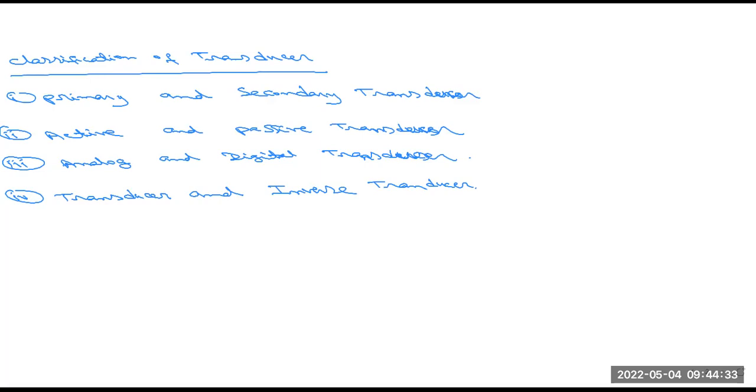Okay, so a transducer is basically defined as the device which converts energy or any type of information from one form to another. I have given you one example, that is a thermometer, the mercury thermometer. You know that.